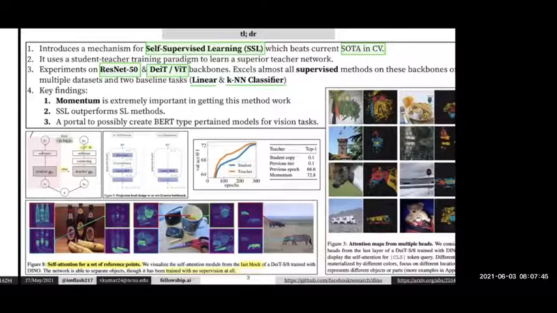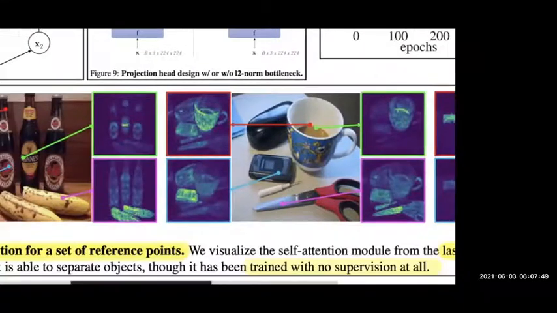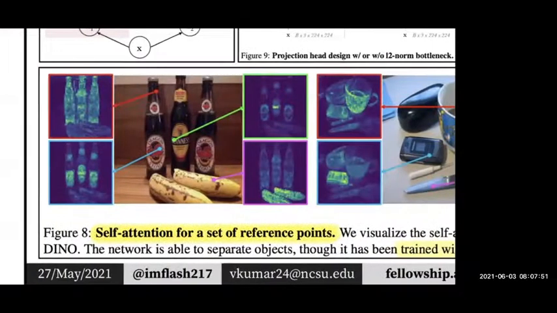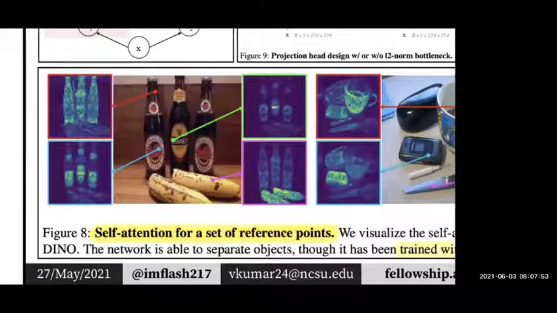Right? So if you look at some of the results from this paper, this is what it says in a nutshell. If you have this picture that you are seeing over there, like some wine bottles and some bananas, then these are some of the output heads.